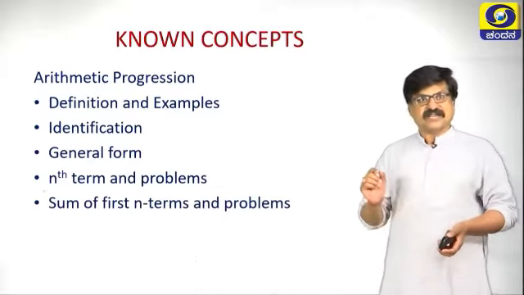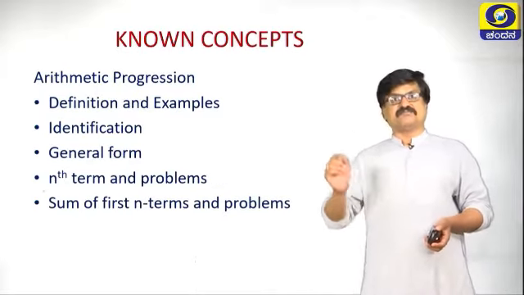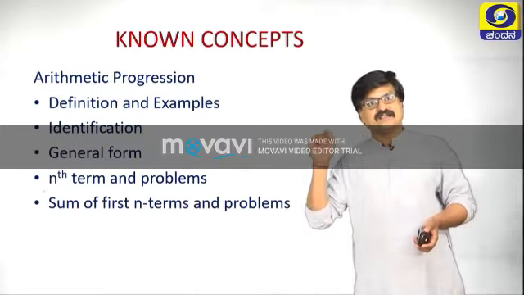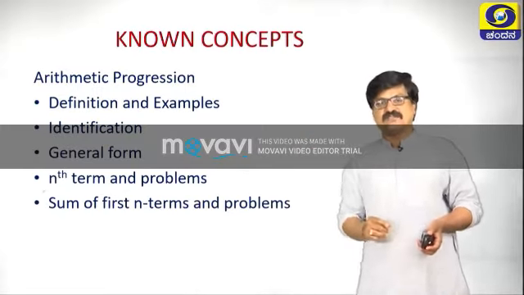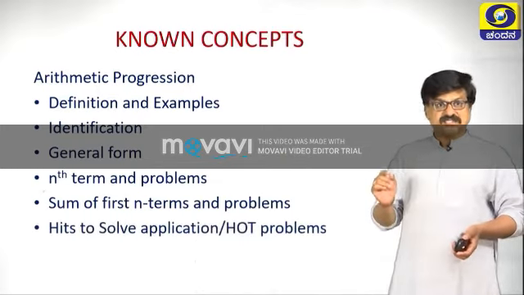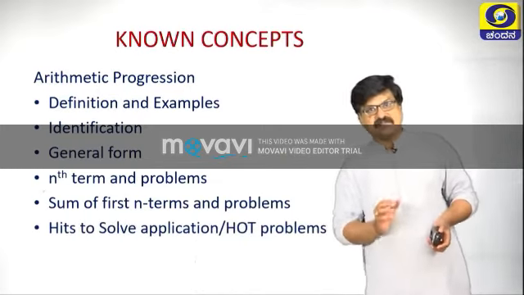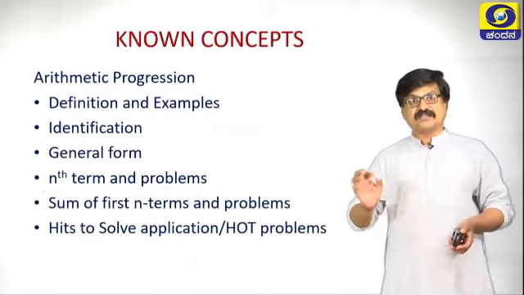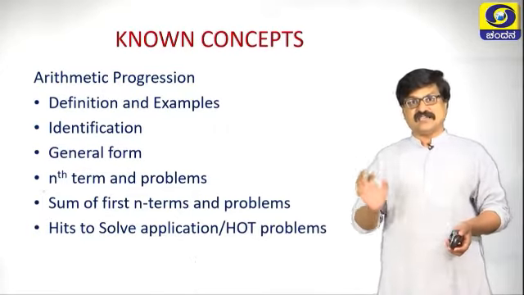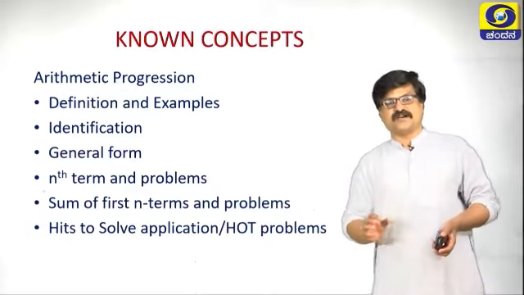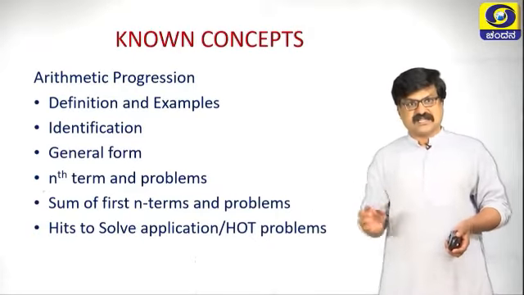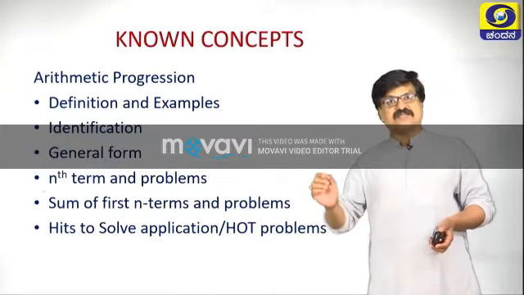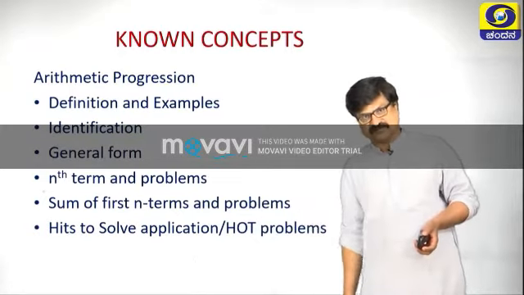Finally, we are going to discuss the sum of first n terms and problems based on the sum of first n terms. And also in this chapter, most of the students are finding difficulty in solving the application, that is higher order thinking type of problem. In this session I am just giving some hints to solve application type of problems also.